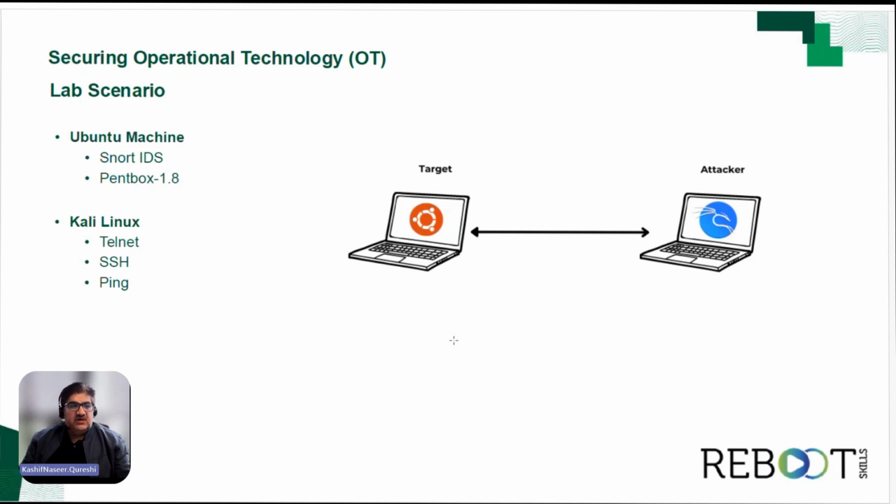On the other side we have Kali Linux, where we will perform the different attacks, using the Telnet and SSH protocols and ping commands as well, to check all the processes between these 2 machines, the target and the attacker machine.